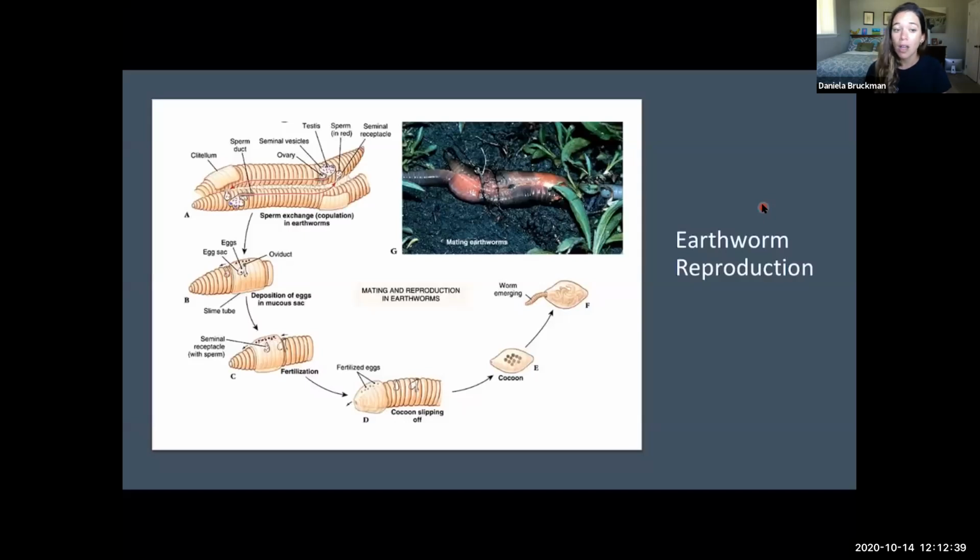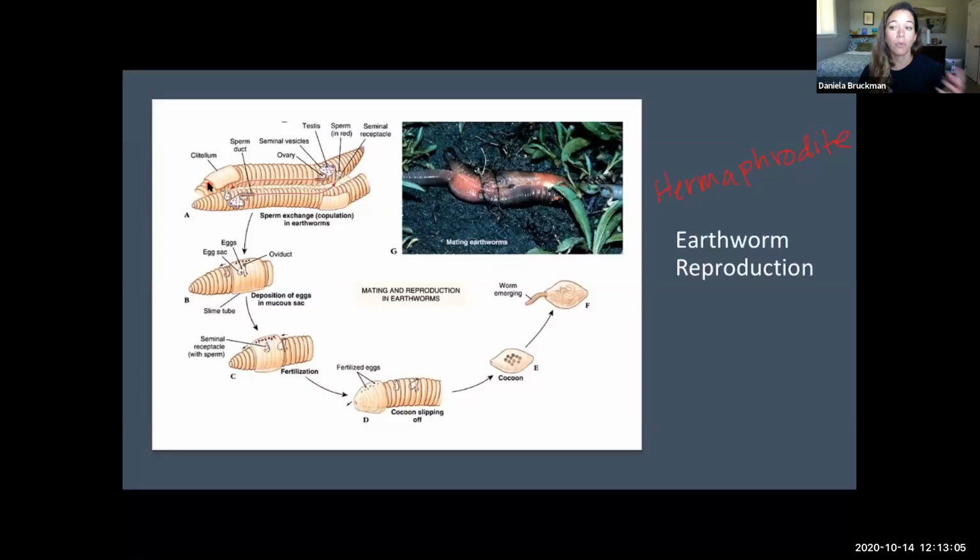So earthworms are hermaphrodites. They are going to have both male and female structures. I've got a little drawing here of a typical mating process of an earthworm, and it shows us the function of the clitellum.